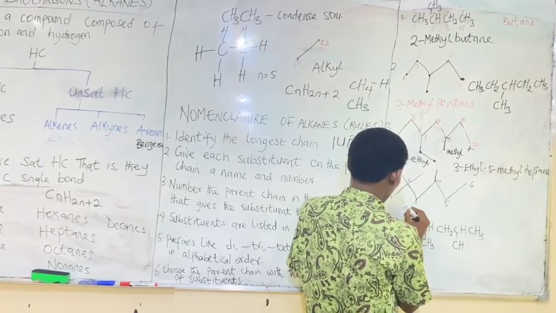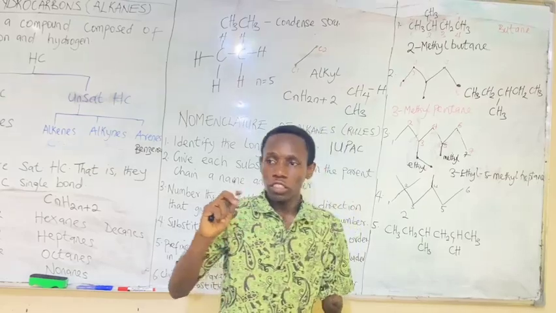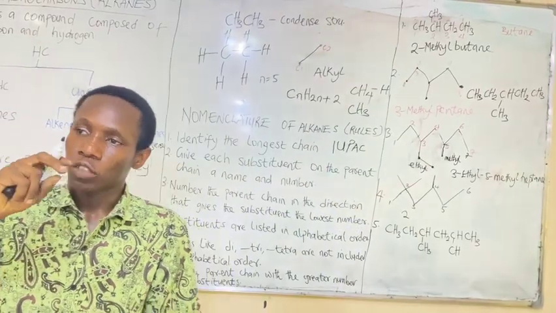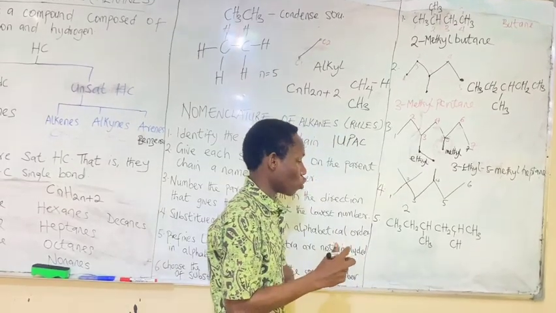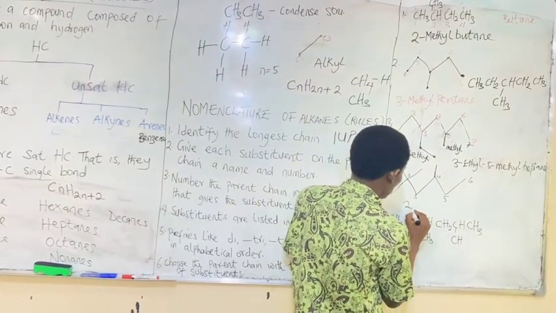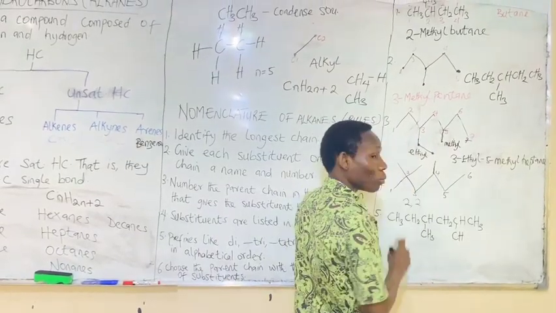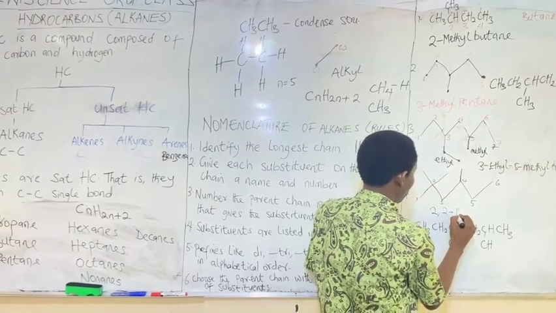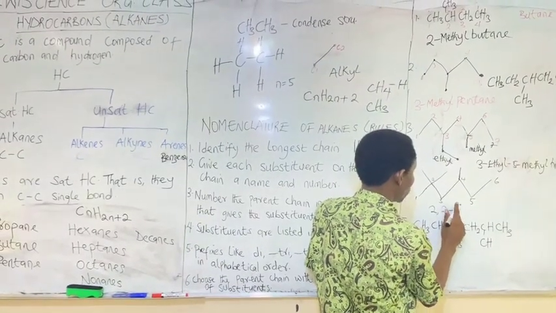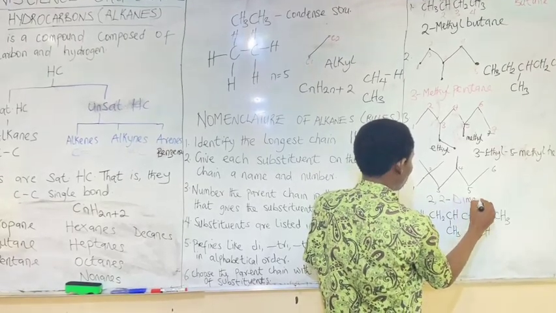The name will be what? Remember, I said the space between number and letter you put a hyphen, while between 2 numbers you put what? A comma. It will be 2,2. It is 2,2 because the 2 methyl groups are on carbon what? 2. 2,2, you put your hyphen. Alright? You put your di versus 2. Dimethyl.